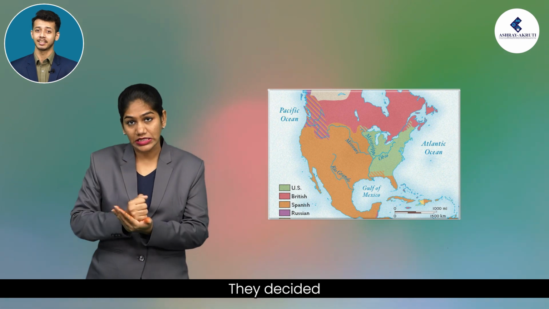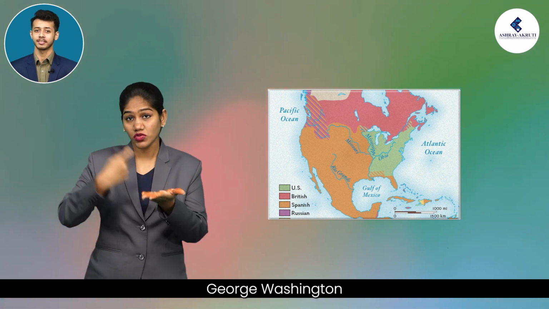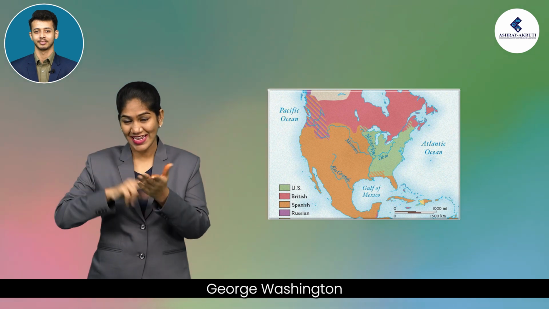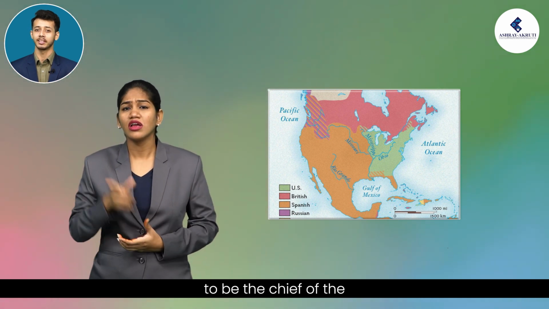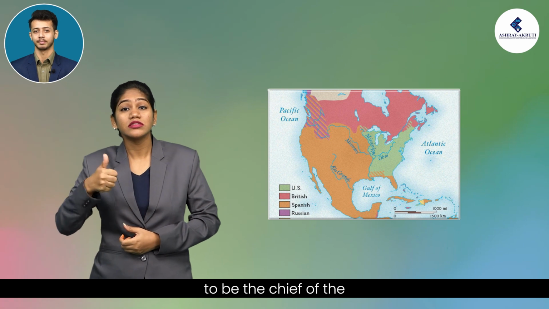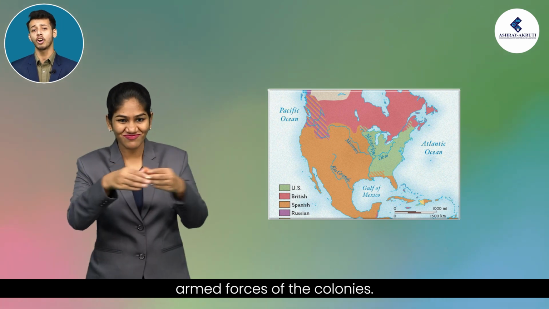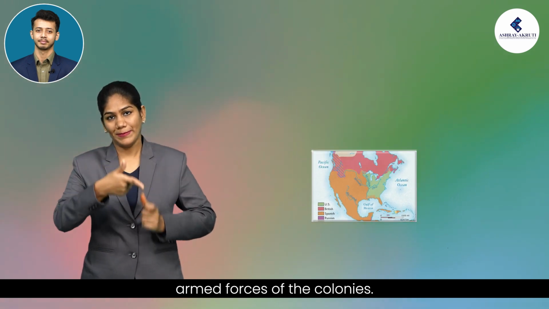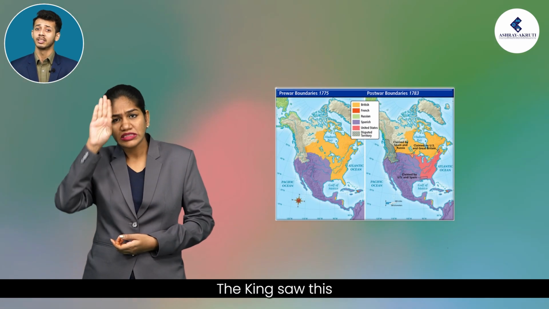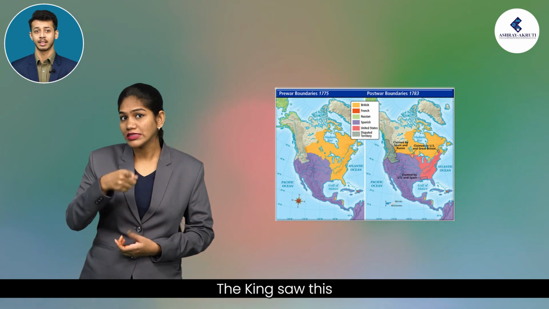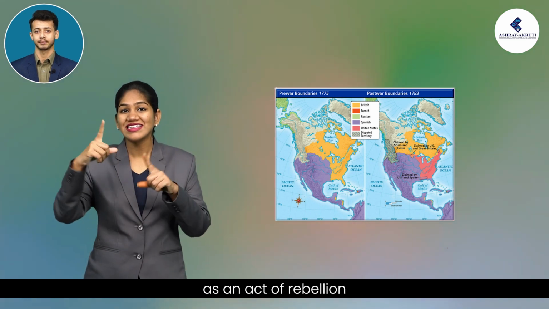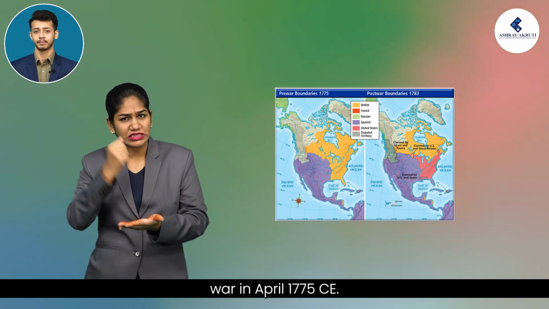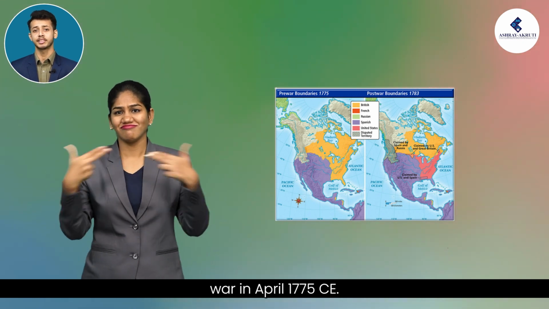They decided George Washington to be the chief of the armed forces of the colonies. The king saw this as an act of rebellion and declared war in April 1775 CE.